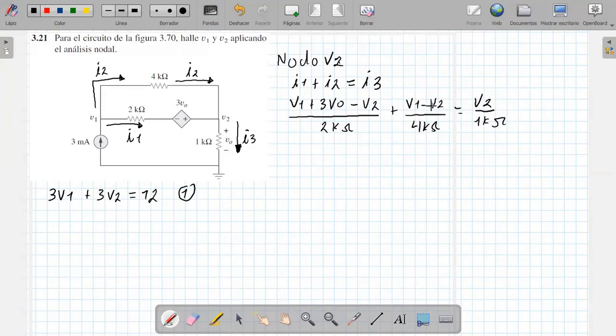If we leave this the same, because we already know that V1 is all this and V2 is all this, and the current I2, what a pity, then the only thing I want left is to operate algebraically. I am going to have V1 over 2 kiloohms plus 3 times V2 over 2 kiloohms minus V2 over 2 kiloohms plus V1 over 4 kiloohms minus V2 over 4 kiloohms.